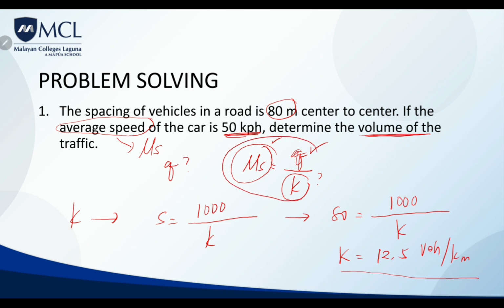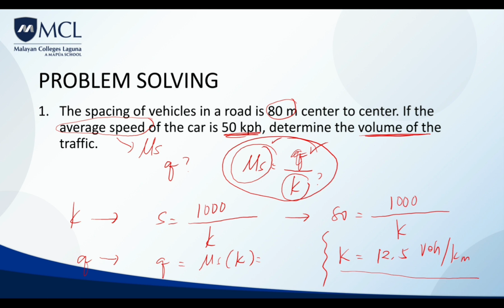To solve for Q, we simply multiply mu s and K. Do we need to convert the 50 kph? No, we don't, since it is in kilometers per hour and K is in vehicles per kilometer, so we get Q in vehicles per hour.